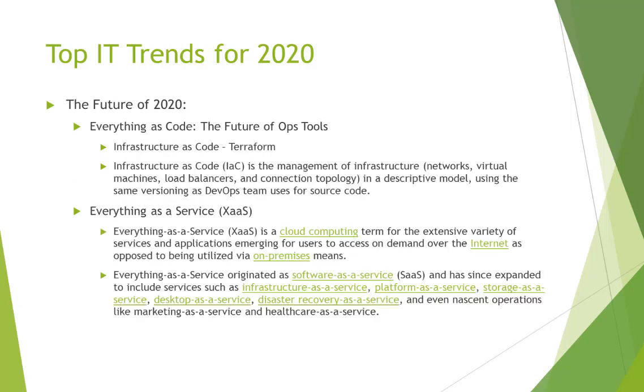And the last point I want to make is the future of 2020. One thing is everything as code, mainly focused on infrastructure as code, such as Terraform. You manage infrastructure by scripting it, using a descriptive model, with the same versioning the DevOps team uses for source code, so definitely it's a new thing to learn in 2020.